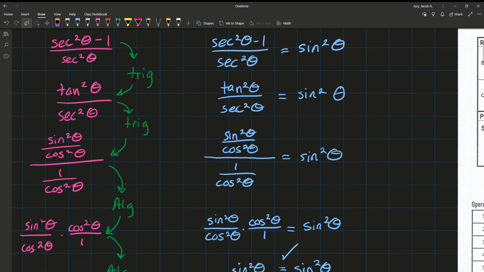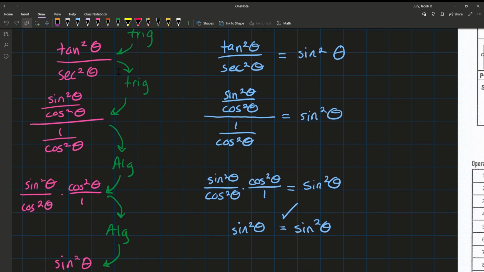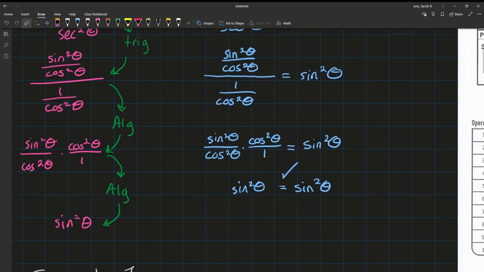And we worked through algebra like we mentioned before the break. And we come up with sine squared over cosine squared over 1 over cosine squared. And we use a little bit of algebra to get this to simplify to be sine squared theta.